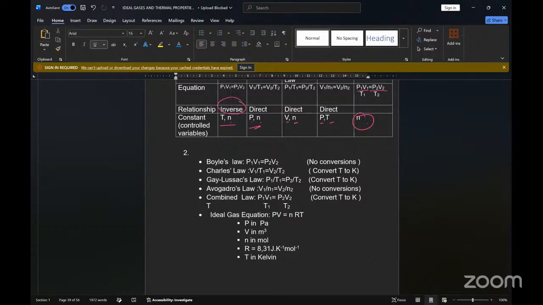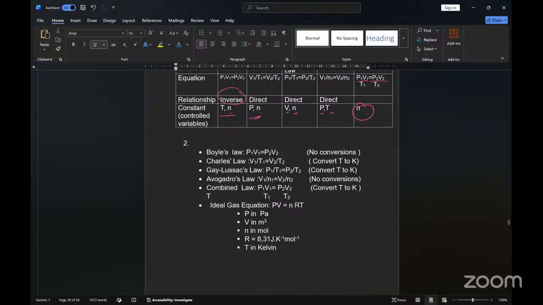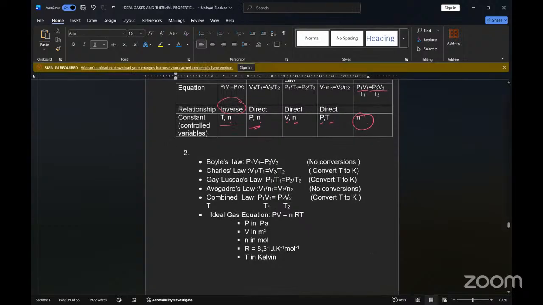Then we have Boyle's law. With Boyle's law, you don't do any conversion. With Charles' law, your temperature has to be converted to Kelvin. Gay-Lussac's law, everything remains the same, but your temperature must be converted to Kelvin. Avogadro's law, no conversion. Combined gas law, your temperature must be converted to Kelvin. All other variables can be in their original form.